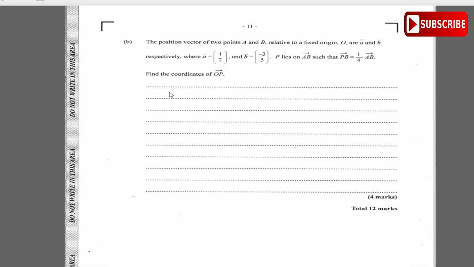We know what vector PB is. Vector PB, as we know it, is equal to vector of the last, which is OB, minus vector of the first. So this is OB minus OA. That's vector PB, but it's also equal to a quarter vector AB, which is a quarter of OB minus OA.